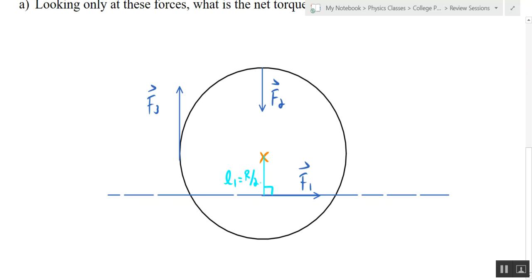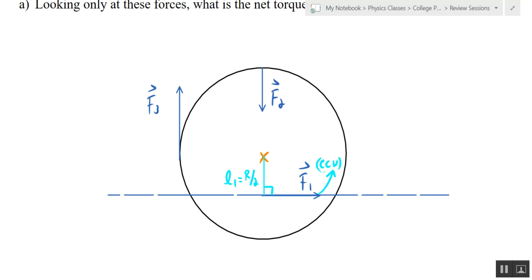It's half the radius, right? And what does this force make it do? It makes it rotate like that about the center, so that is counterclockwise torque, correct? So it's positive, which I'll write down in a minute.